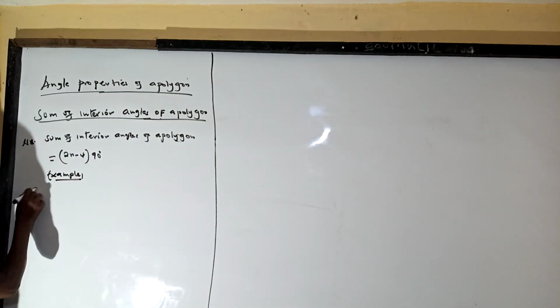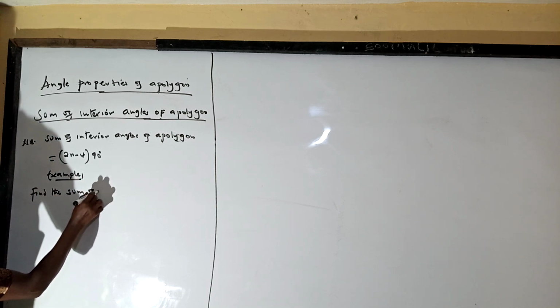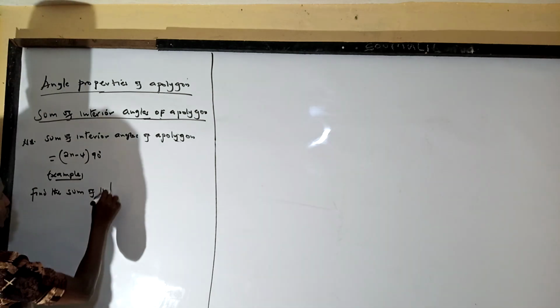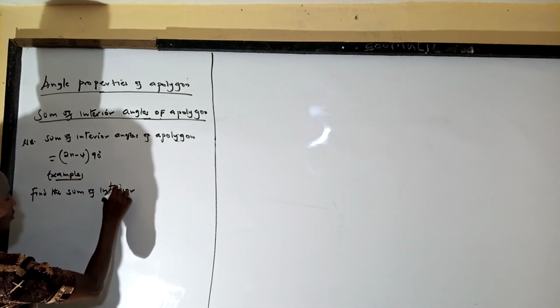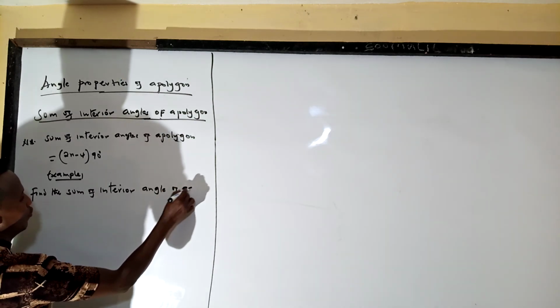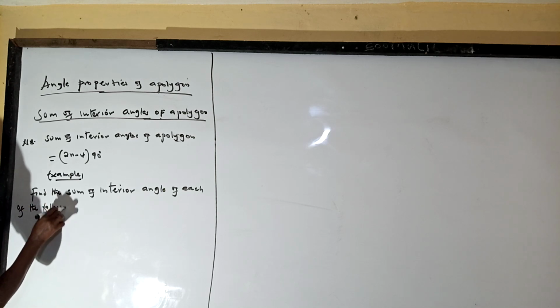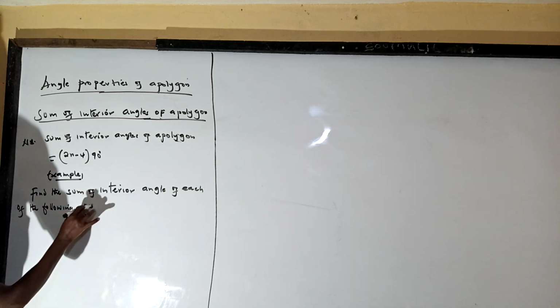Example 1. You are told to find the sum of interior angles of each of the following polygons.